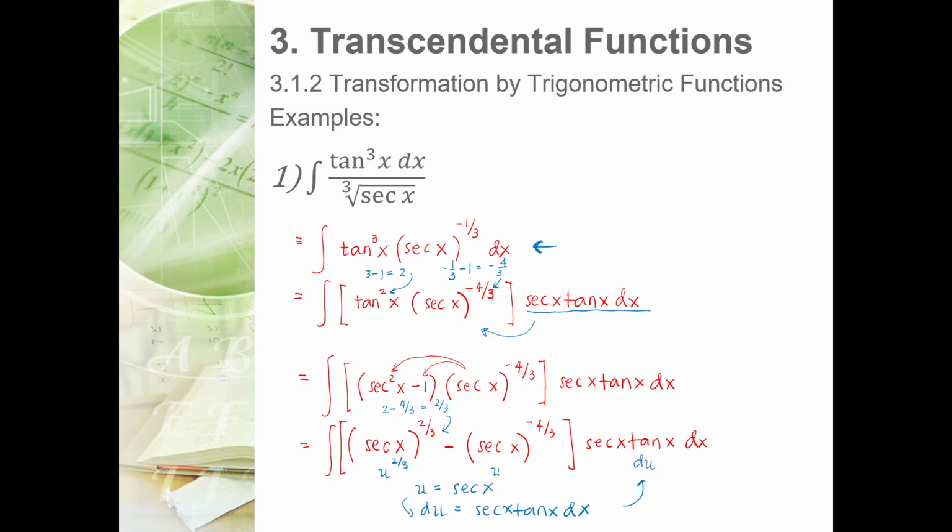The other one is u to the power of negative 4/3. So this becomes u to the power of 2/3 minus u to the power of negative 4/3 du.